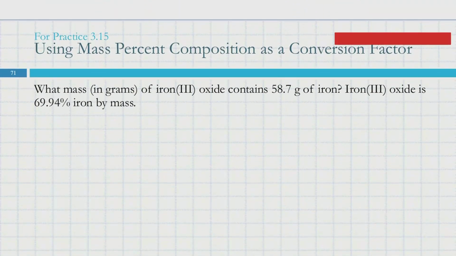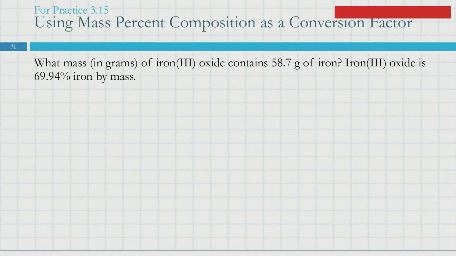All right, so testing our knowledge using this new skill, what mass in grams of iron 3 oxide contains 58.7 grams of iron? Iron 3 oxide is 69.94% iron by mass. What is some information that we are given?